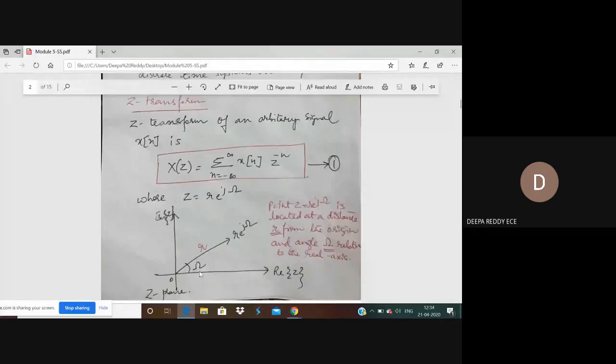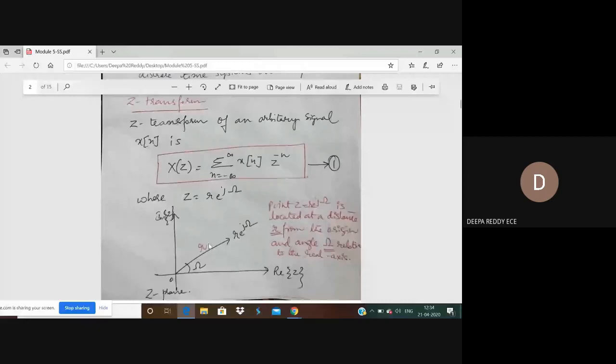If r is 1, what do we say? It is on the unit circle. So the radius is 1, and we say that it is tracing a unit circle. R equal to 1 means it's a unit circle. We call it the unit circle.